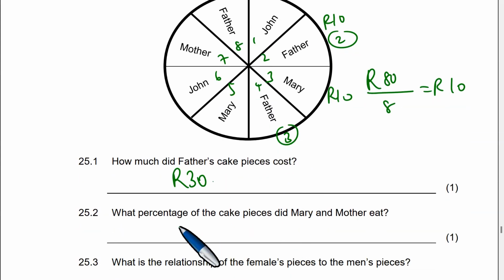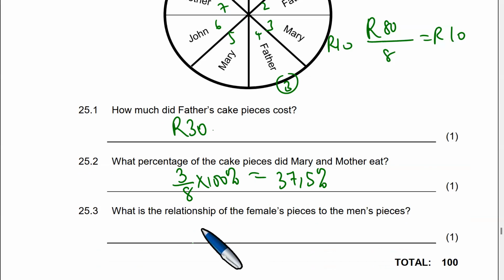So it's going to be 3 parts out of 8, and then you multiply by 100%. The answer is going to be 37.5%. So the percentage of the cake pieces Mary and mother ate is 37.5%.